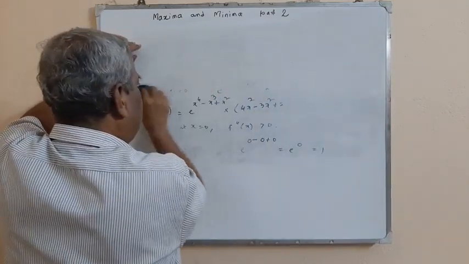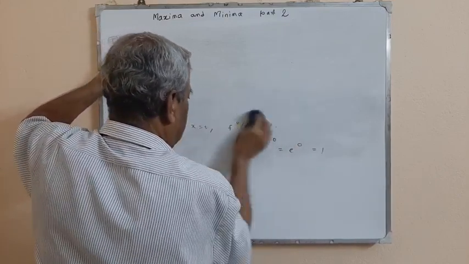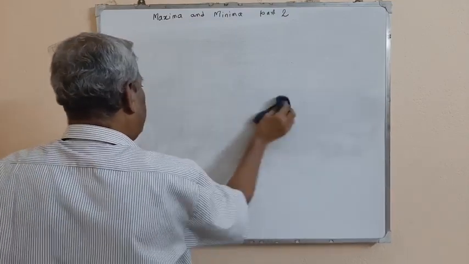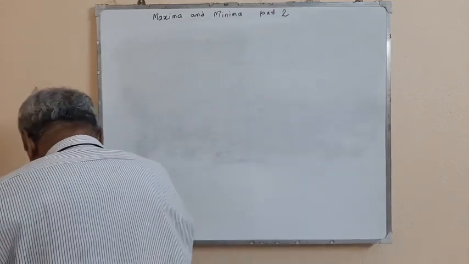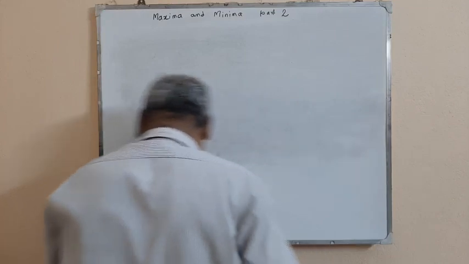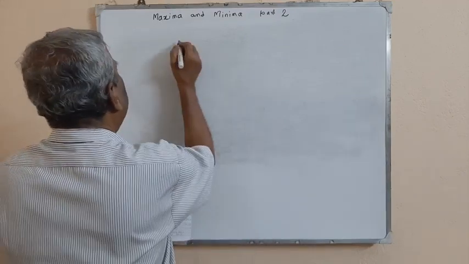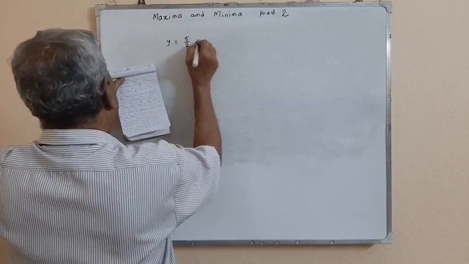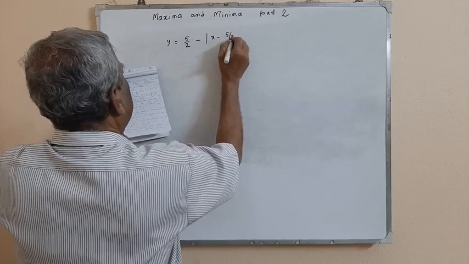Now the next problem is: maximum value of y is equal to 5 by 2 minus mod of x minus 5 by 2.